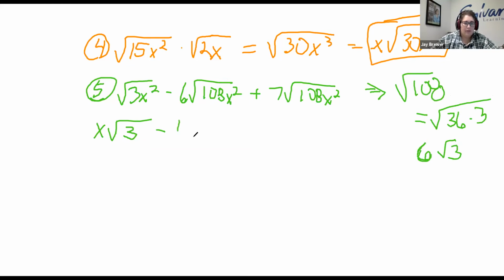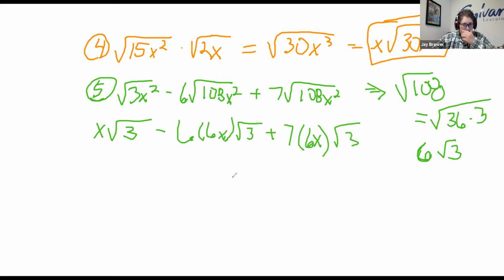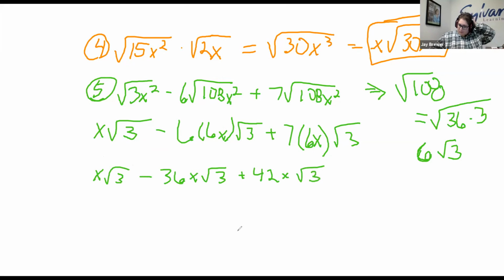So then we can come back over here. 6 times 6x square root of 3 plus 7 times 6x times square root of 3. So let's clean it up a little bit. X square root of 3 minus 36x square root of 3 plus 42x square root of 3. Do you think we can combine this?